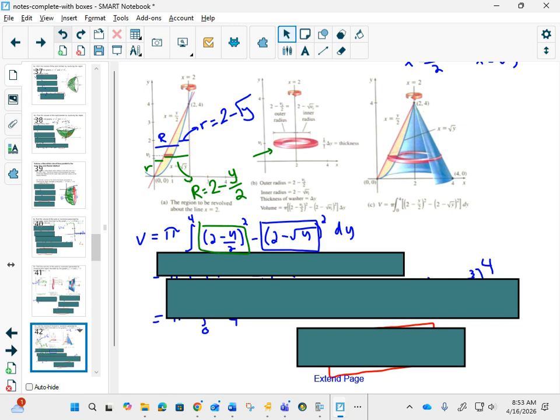Yes. This is the same as y over 2 minus 2 squared minus root y minus 2 squared, right? If you factored out the negative, right? But writing it that way doesn't make sense with the picture. Because when you square something, if I flip those two numbers around, one way will be a positive number, the other way would be a negative number.